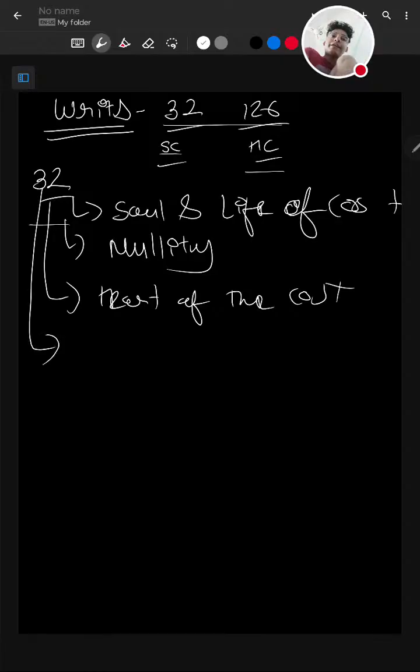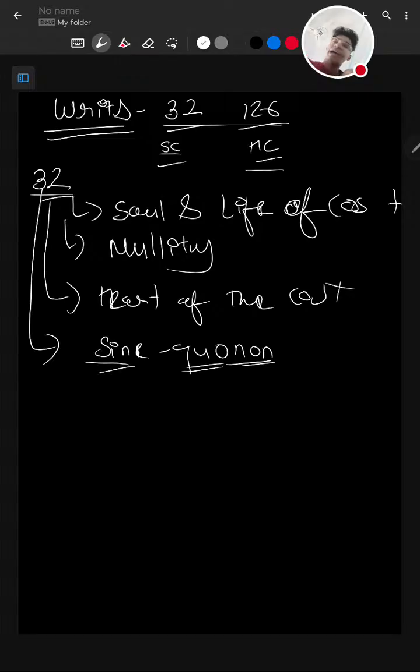And a Latin term here is sine qua non. Sine qua non basically means something which is absolutely essential. This article is absolutely essential. Now I'm going to tell you why this is absolutely essential.